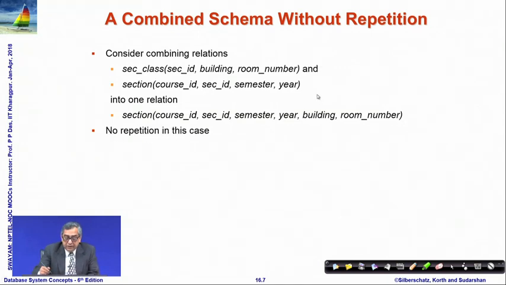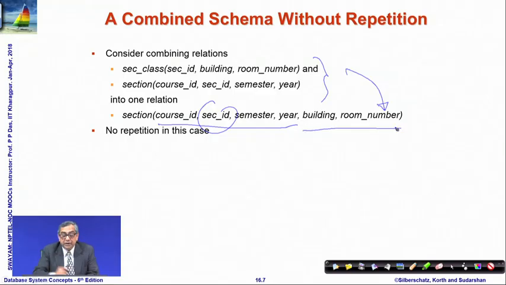So, if we have these relations combined into a common relation, then I have all of these coming from the section and these coming from the section class, but we can see that there is no repetition or redundant information in this case. So, it is not that combining schemas is necessarily always bad in terms of repetition or redundancy.